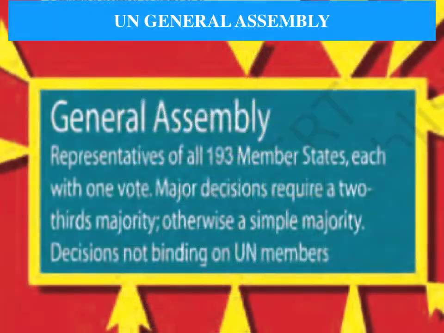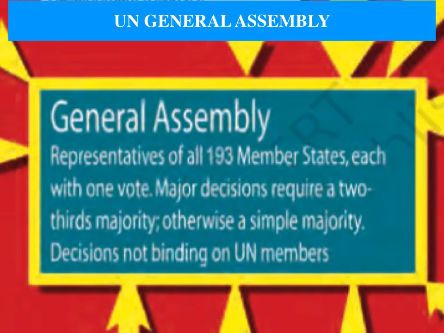Now, the General Assembly is a world parliament with 193 member states. Okay, each member has 1 vote only, and major decisions require a 2/3 majority. However, if it is of regular concern, then it just needs a simple majority. That's how it works, okay?